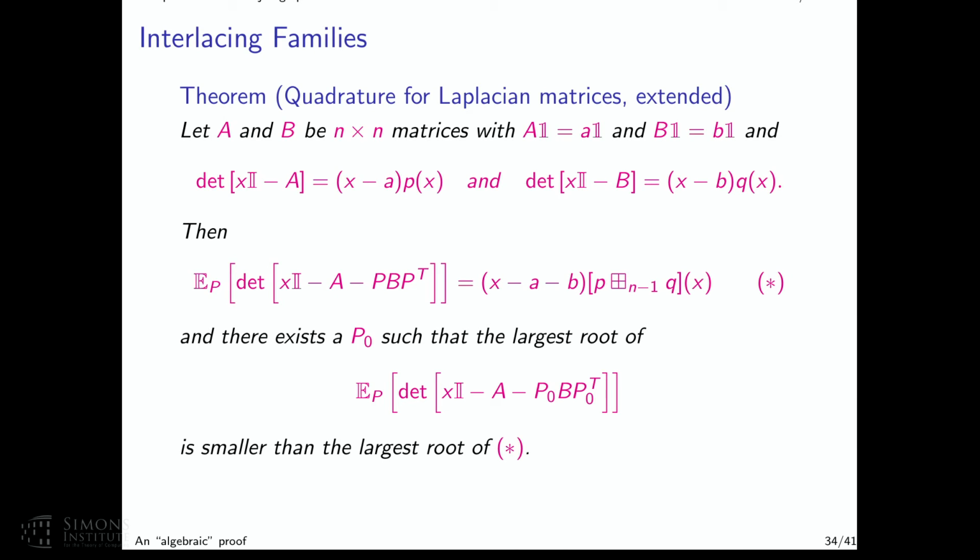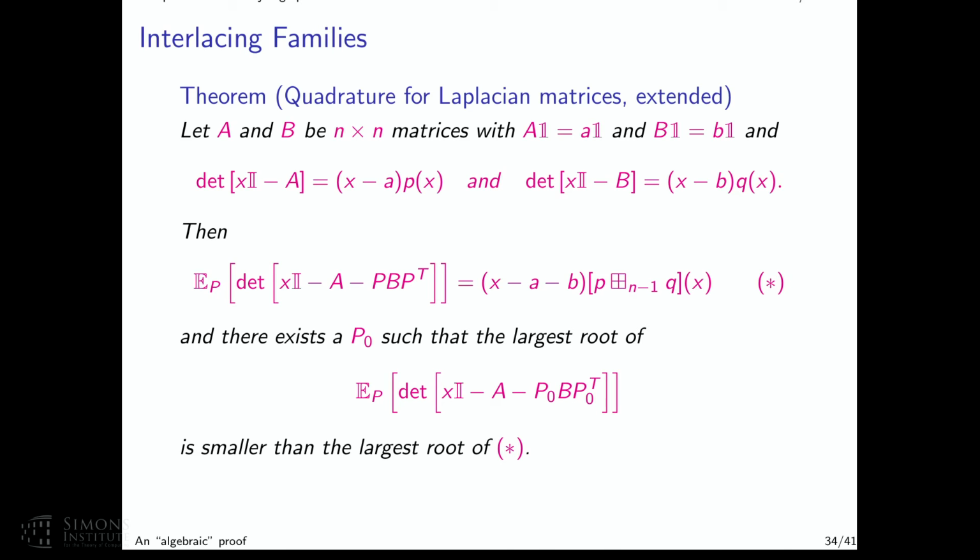So the theory of quadrature for Laplacian matrices says that not only does this finite convolution exist, but also there exists a P0 such that the largest root of the characteristic polynomial where you plug in P0 is smaller than the largest root of this expected one.